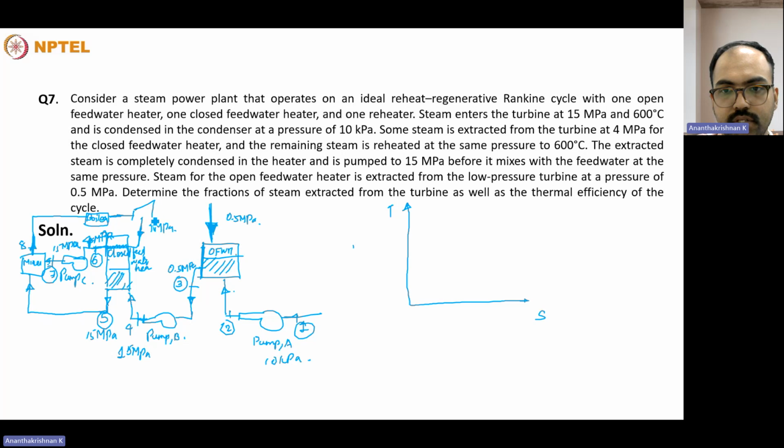So there is this high pressure turbine, and a portion of that steam will be bled, and then there will be a reheating. It is mentioned that after the steam is extracted at 4 megapascal, the remaining steam is reheated to the same pressure at 600 degrees Celsius. So 4 megapascal to 600 degrees Celsius. A portion of that will be going into the boiler again.